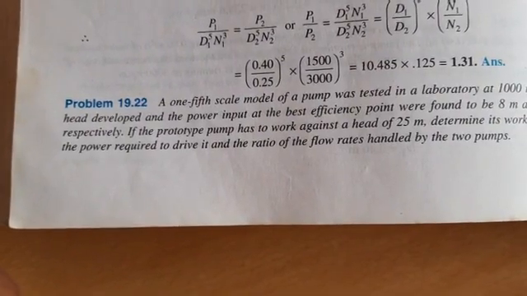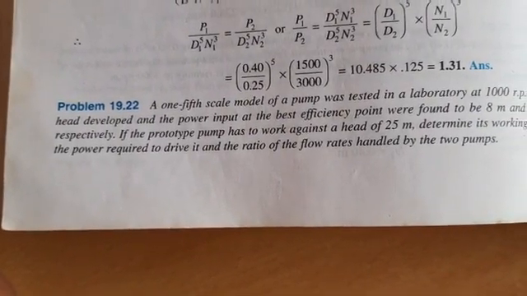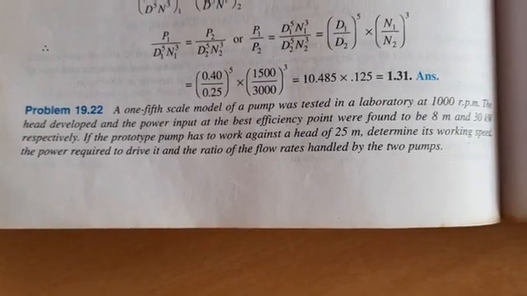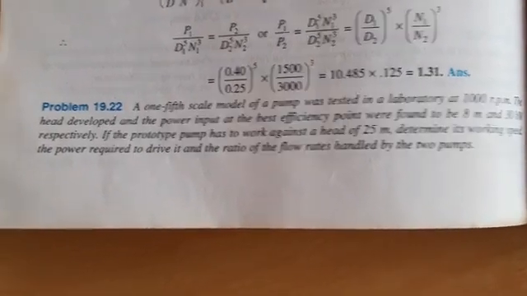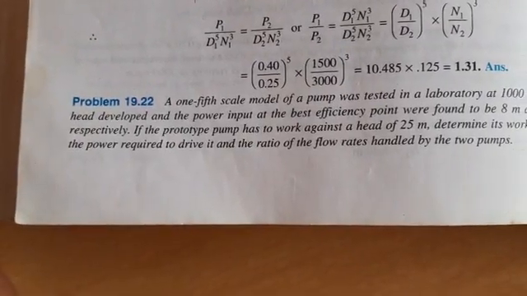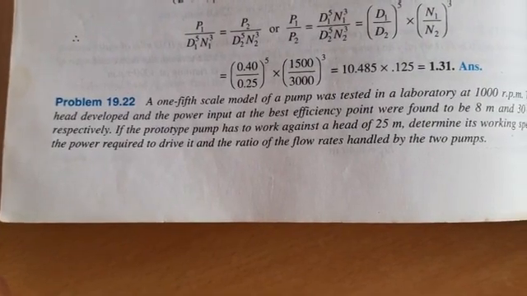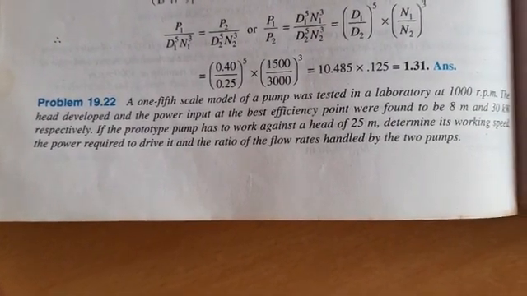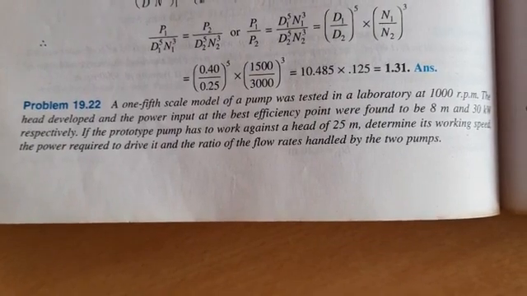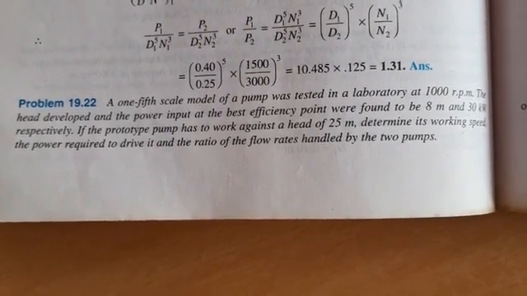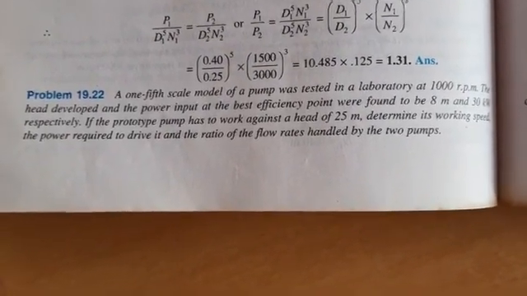If the prototype pump has to work against a head of 25 meter, determine its working speed, the power required to drive it, and the ratio of flow rate handled by the two pumps.